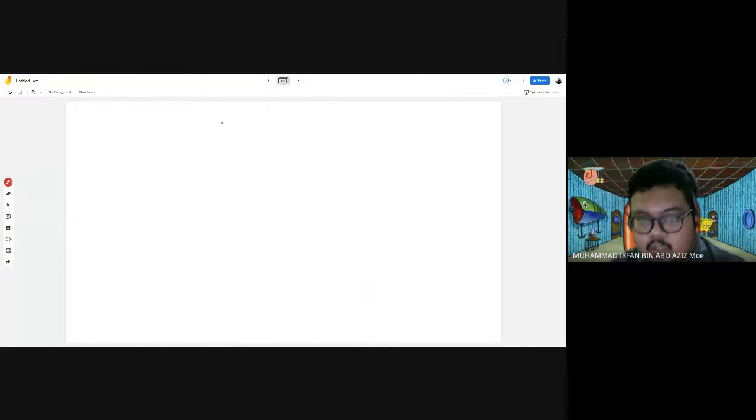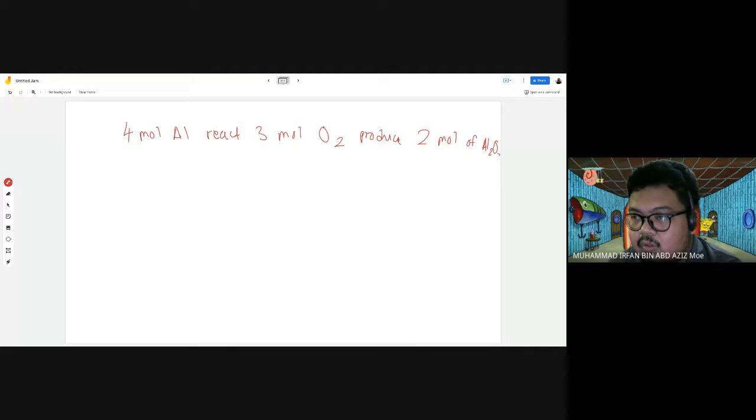Based on this, you tengok exactly 4 mole of aluminium react with 3 mole of O2, produce 2 mole of Al2O3. So based on this, kita dapat tengok the ratio adalah 4 kepada 3 kepada 2, untuk Al, untuk O2 and untuk Al2O3.